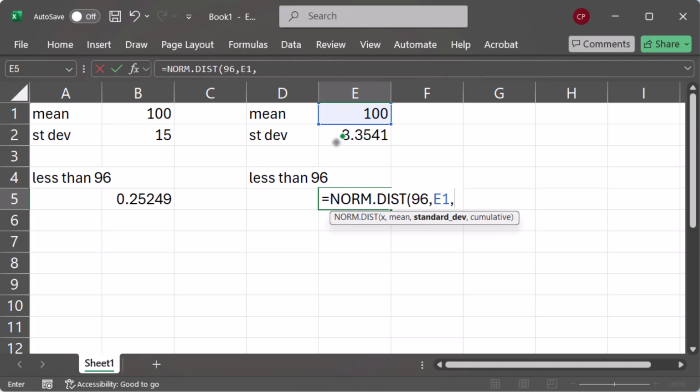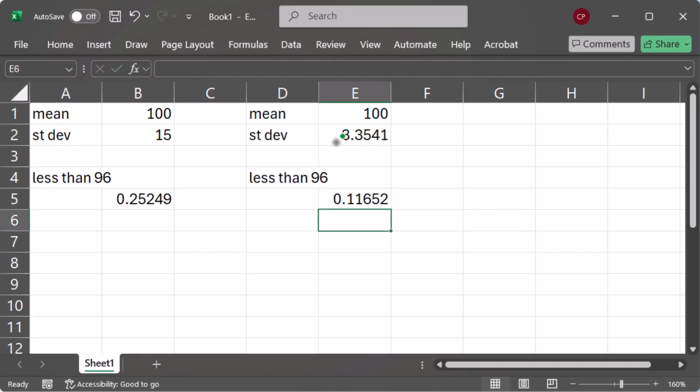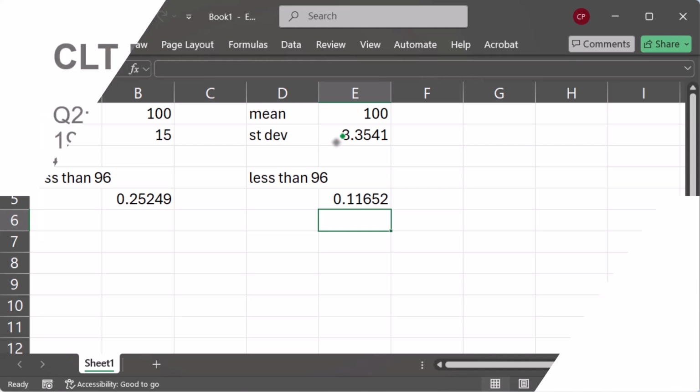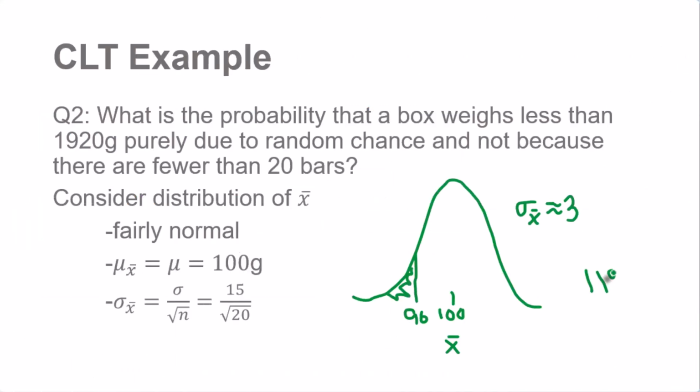If you wanted to, you could just type 15 divided by square root of 20 here, and that also works. But since I already calculated this, I can click on the cell where that standard deviation is located. Then I'm putting true in for my last input. And this gives me 0.11652. So the probability of this happening is about 11%.